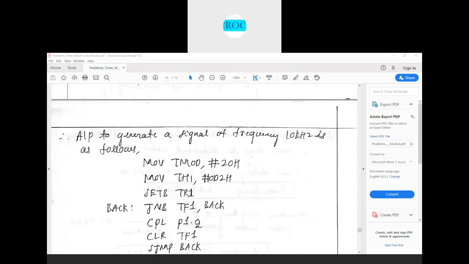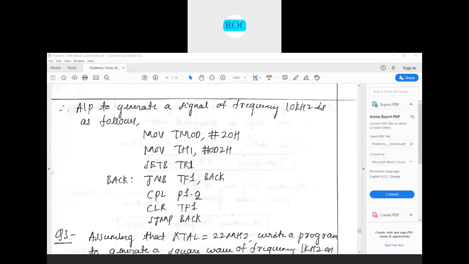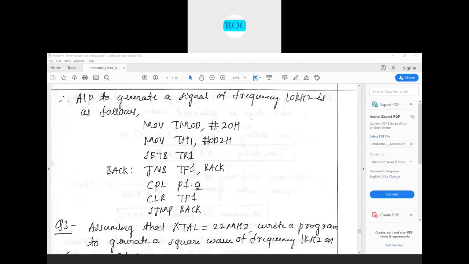And now write the program for this one. How do you write this program? MOV TMOD, #20H; MOV TH1, #0D2H; SETB TR1. This we know, right? Since timer 1 is selected, we load TMOD with 20H. The initial count value we got for 10 kilohertz frequency is D2H.